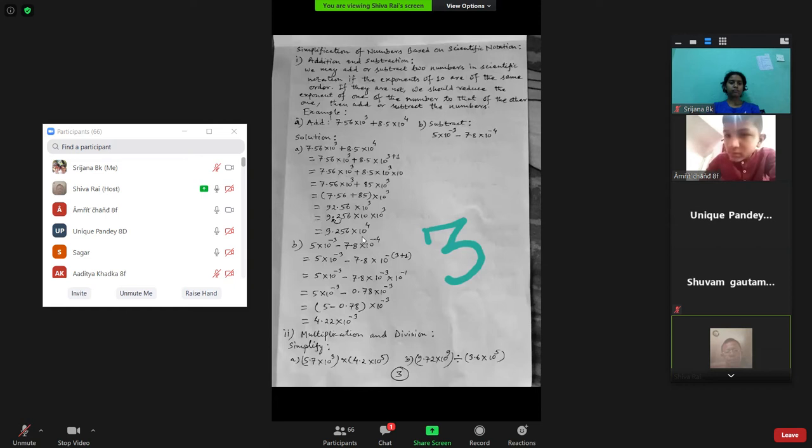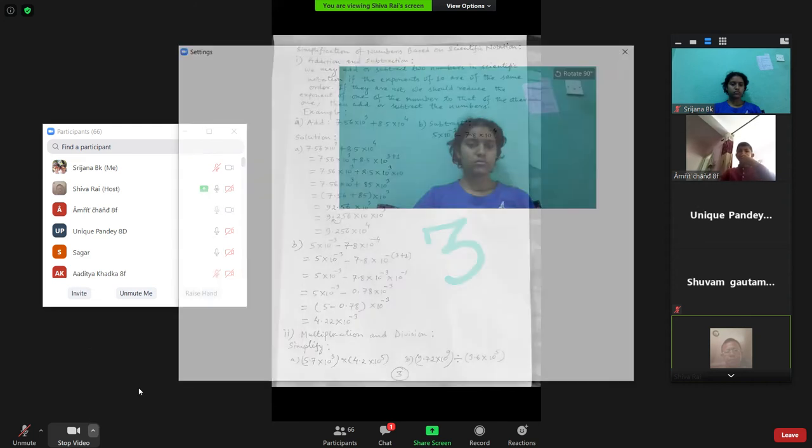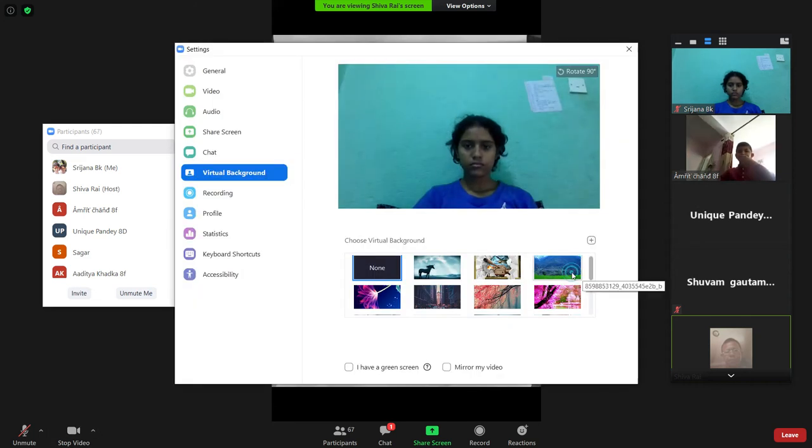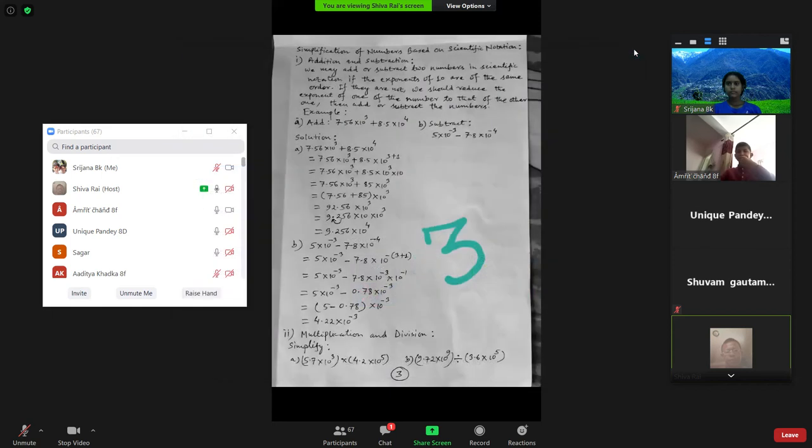So 5 into 10 to the power minus 3 minus 7.8 into, you remove the bracket, 10 to the power minus 3 into 10 to the power minus 1. If the power is negative, 1 also we have to write. If there is plus 1, it is not compulsory to write.